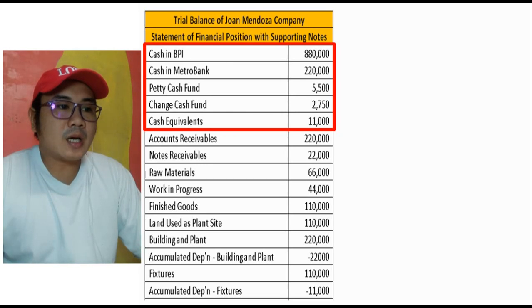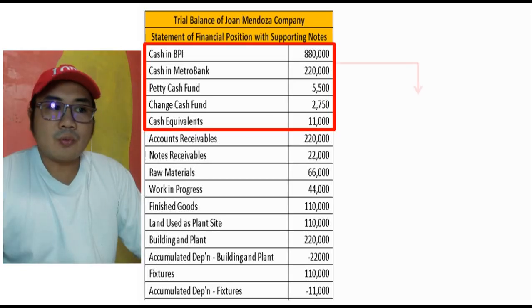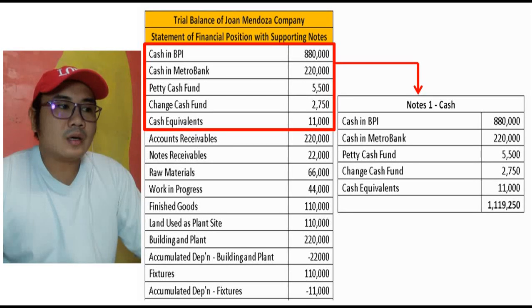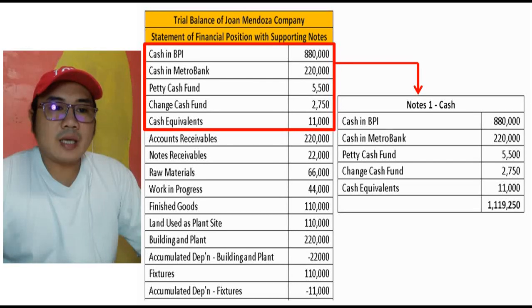This can be written under cash account. Let us name it Notes 1. Under Notes 1, cash, the following accounts are cash in BPI, 880,000. Cash in Metrobank, 220,000. Petty cash fund, 5,500 pesos.